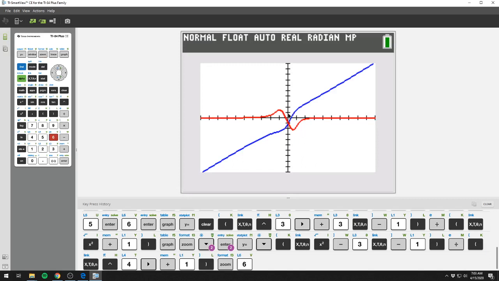Right? So horizontal asymptotes are about behavior. What y value are we going to as we go to the right? What y value are we going to as we go to the left? Well, they're both pretty much riding along the x-axis, which is y equals 0. It doesn't matter what's happening close to the y-axis. It matters what's happening to the right and to the left. They're both going towards 0.